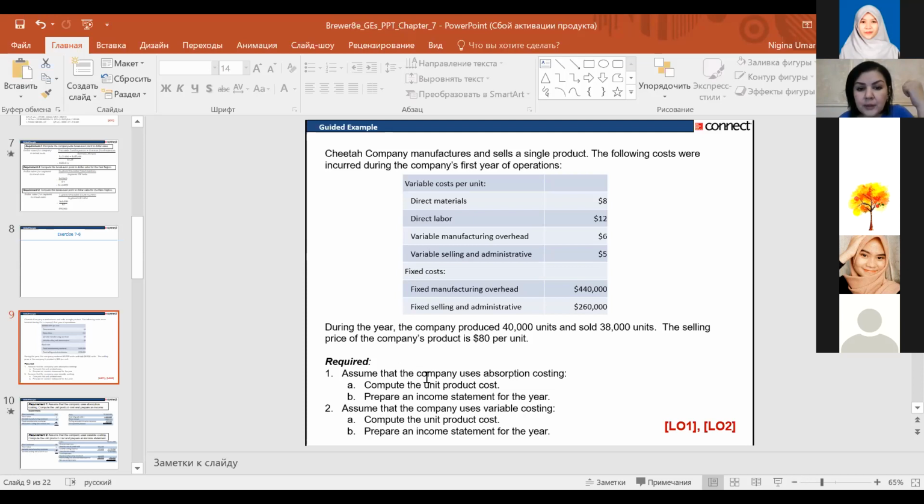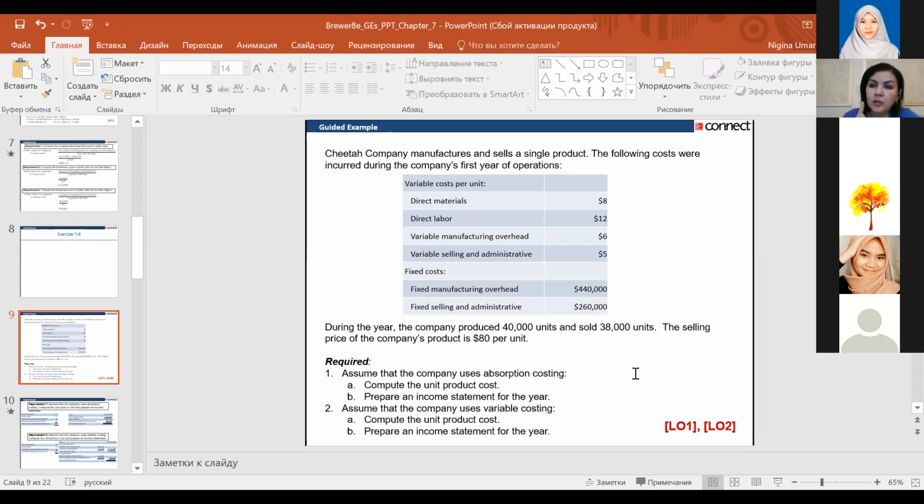Okay, assume that the company uses the absorption costing system. Compute the unit product cost. So tell me, what is the unit product cost under absorption costing? Which type of cost should I include?